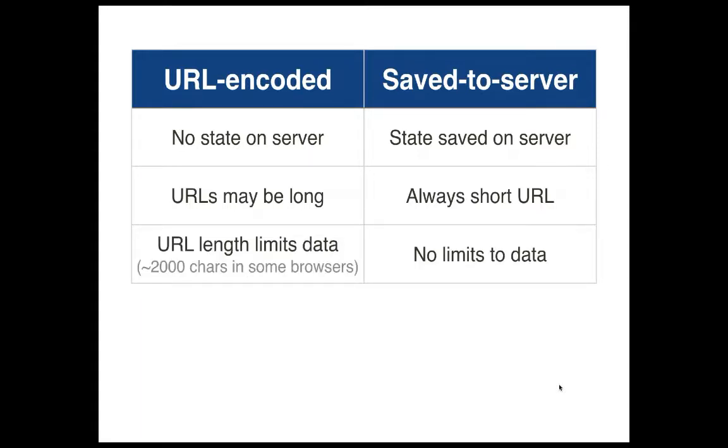Because the URLs are long with URL encoded bookmarks, you can run into problems with some browsers. Some browsers can only take URLs up to about 2,000 characters in length, and if your URL exceeds that, I believe it'll just get truncated, so when you try to restore your application, it probably won't restore correctly. If the state is saved on the server, there's no limit to how much data you can store.